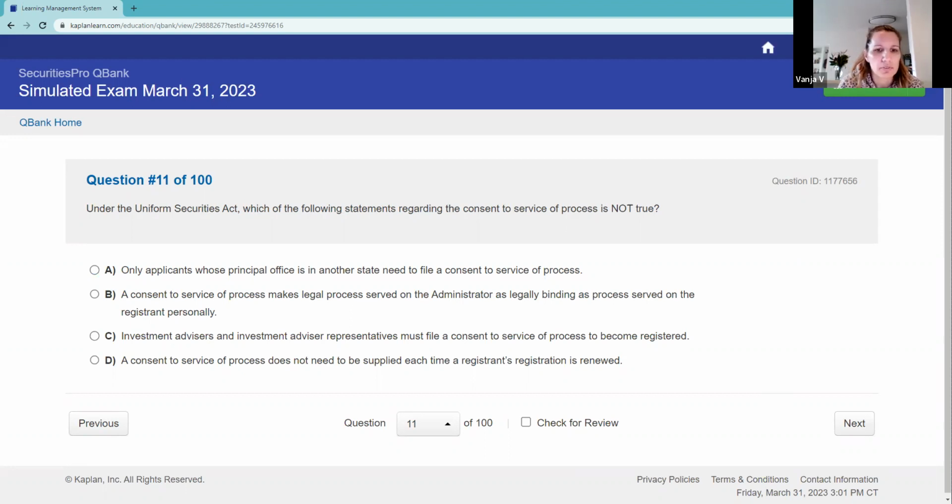A consent to service of process makes legal process served on the administrator as legally binding as process served on the registrant personally. Investment adviser representatives must file a consent to service of process to become registered. The consent to service of process does not need to be supplied each time registered. So what is not true? A is not true. You are correct.